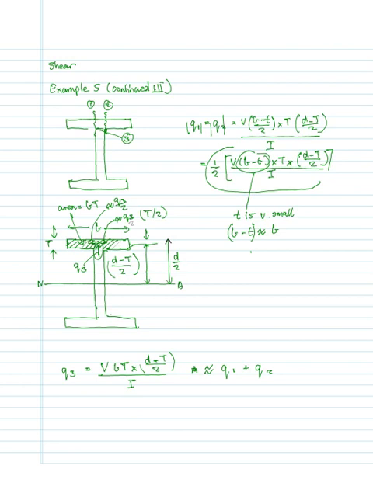So if that value there is Q3, then that value there is approximately Q3 over 2, and that value there is also approximately equal to Q3 over 2, or Q3 is approximately equal to Q1 plus Q2. So that's the second observation that we can make.